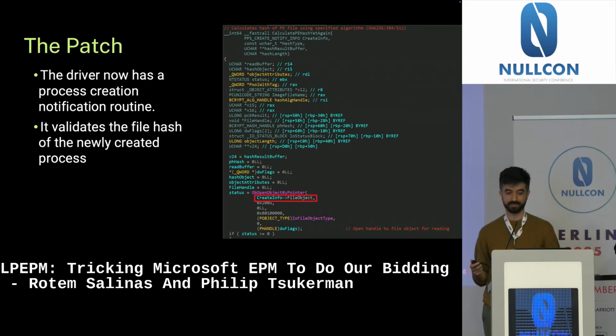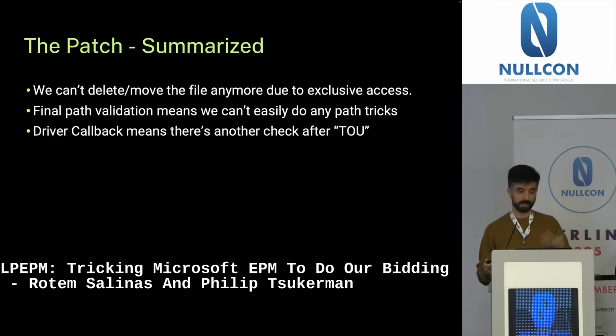Now, this happens after the process is launched, and instead of traversing the path again, it actually uses the file object that's attached to the process, meaning that, well, that's specifically the same exact file that's being used to run the process. So now we can't really move or delete the original file because, again, sharing disposition, share read only.